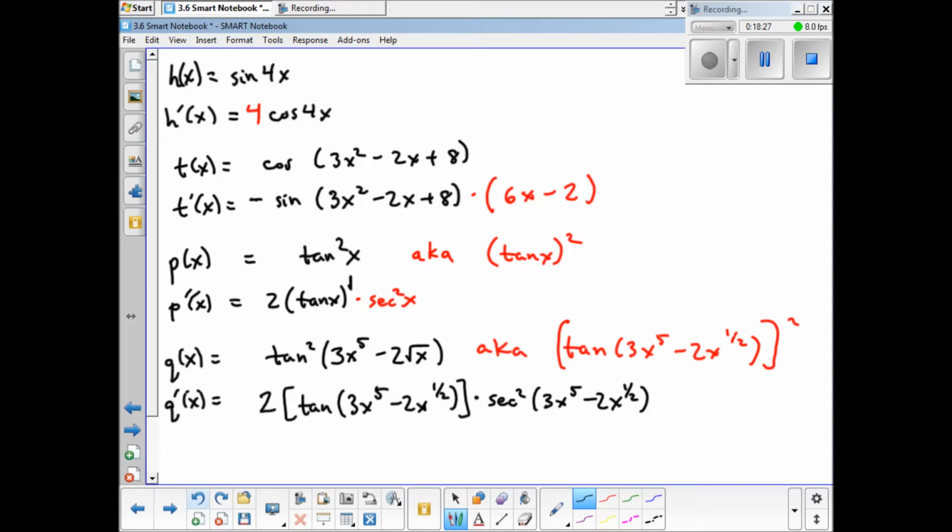So we just took the derivative of the inside, but not fully. We haven't dealt with the innermost function, 3x to the 5th minus 2x to the half.